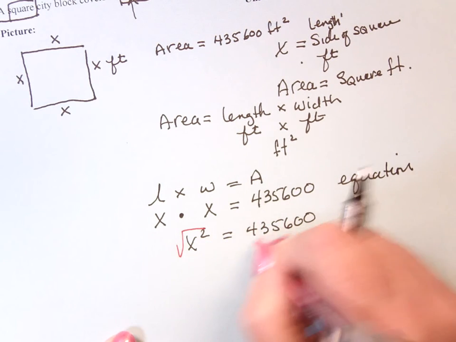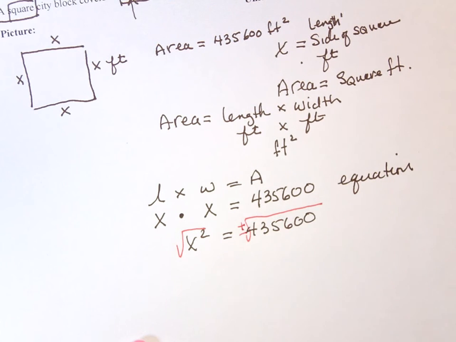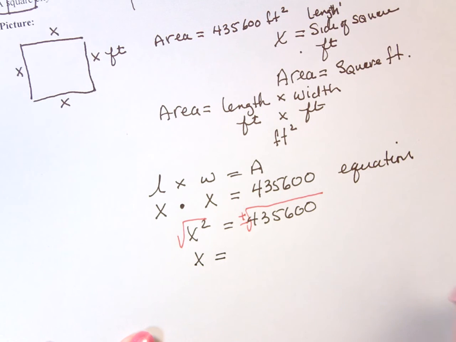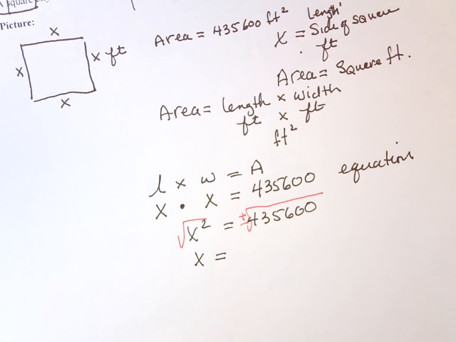Take the square root of both sides, and since it's just a simple equation, don't forget the plus or minus, so that X is plus or minus the square root of 435,600.